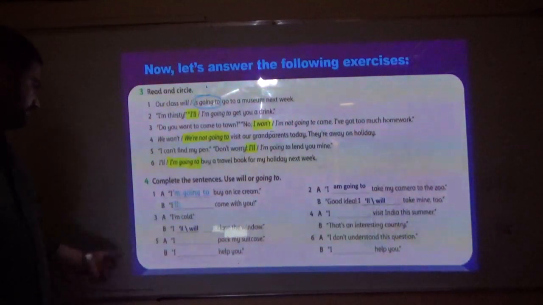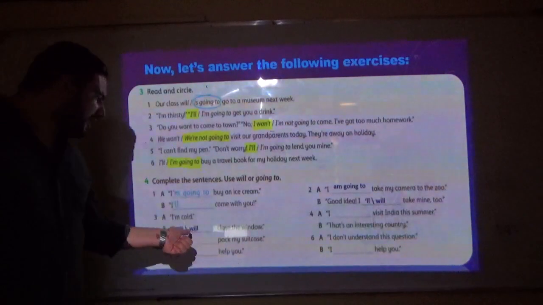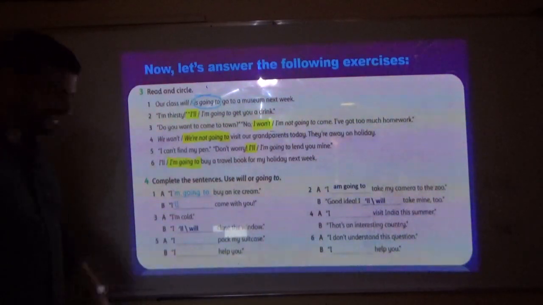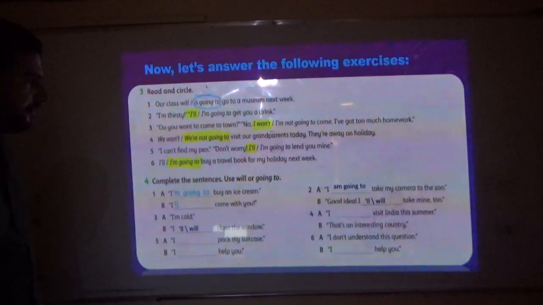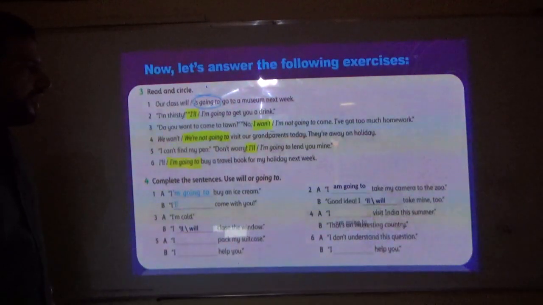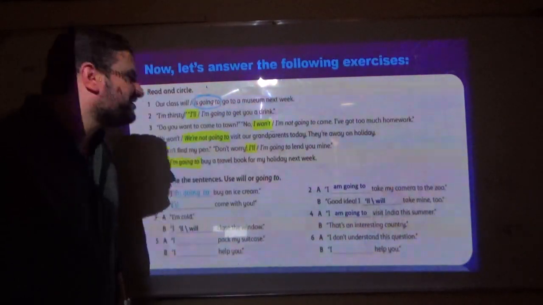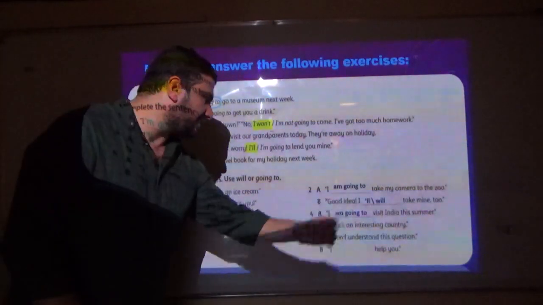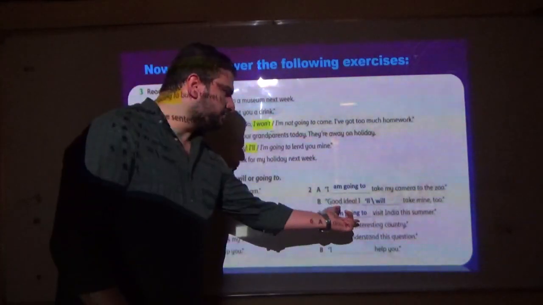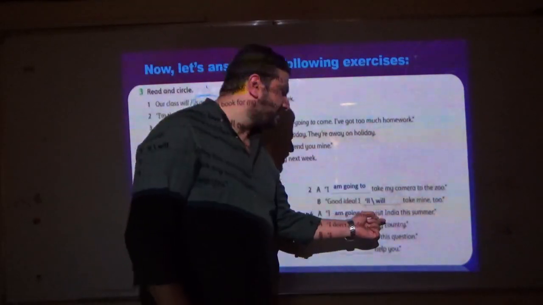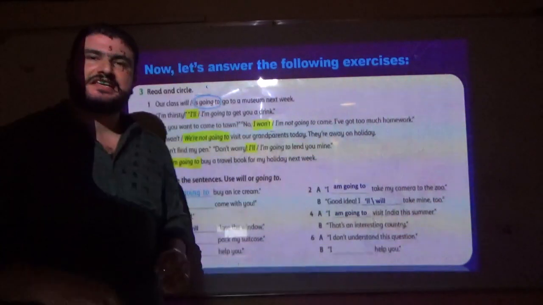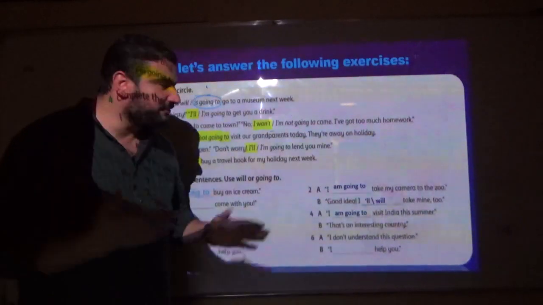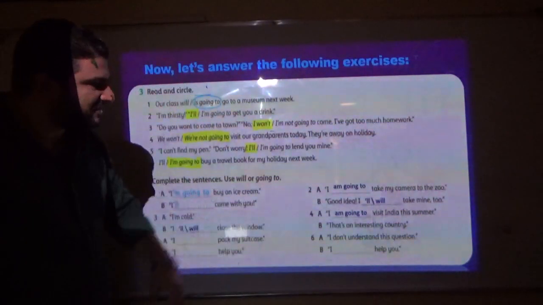I'm cold. I'll or I will close the window. So quick decision or offering again. Number 4, I'm going to visit India this summer. That is an amazing country. So why going to here? Because if he's visiting India this summer, it means that he planned. He decided before telling the second person.